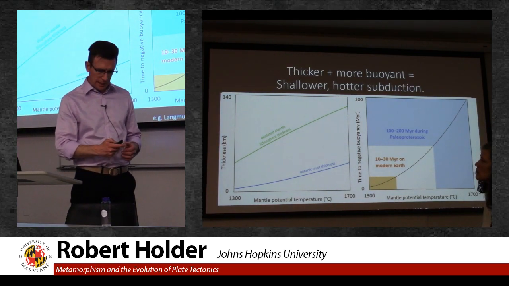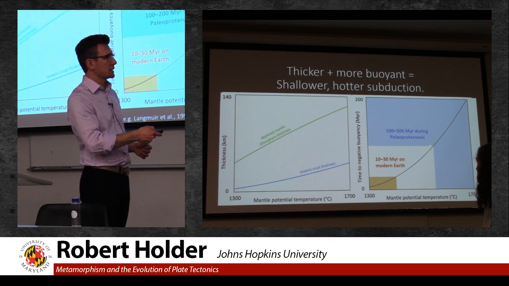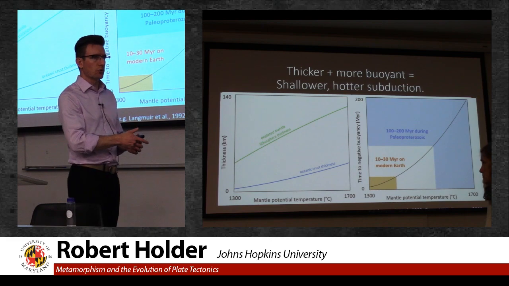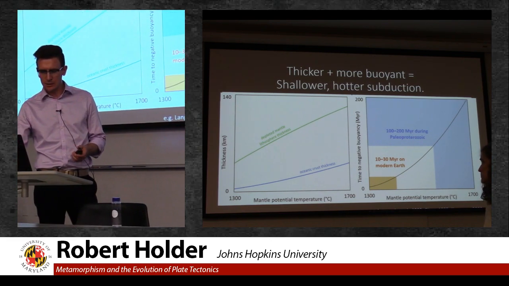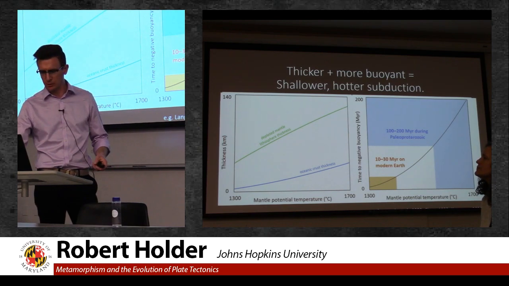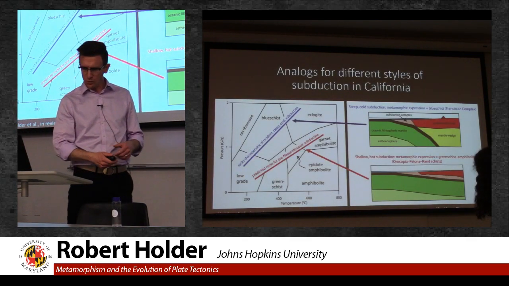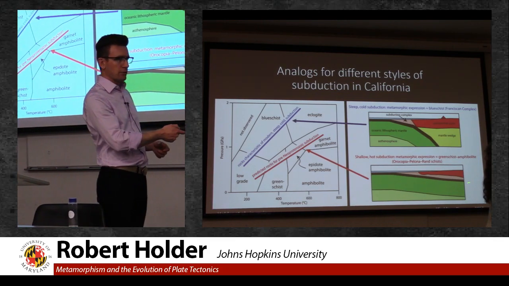Well, so there's a couple things there. One is that even though they're older, the point is that they're not negatively buoyant until later. And so the real challenge is not so much the thermal gradient of oceanic lithosphere itself, but potentially what the thermal regime is of the underthrusting.